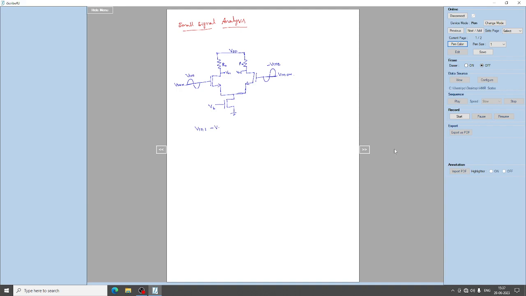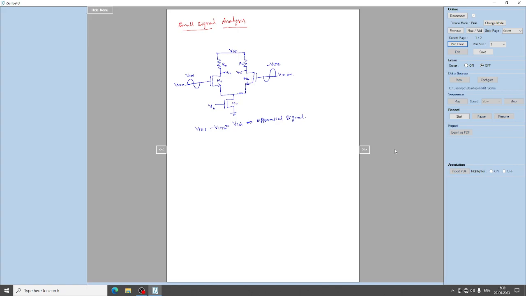So here we are giving the differential input Vin1 and Vin2. For the differential input we will consider Vin1 minus Vin2 as VID, right, VID as the differential signal, right. So now the differential signal we are applying to both terminals, that is the gates of M1 and M2.